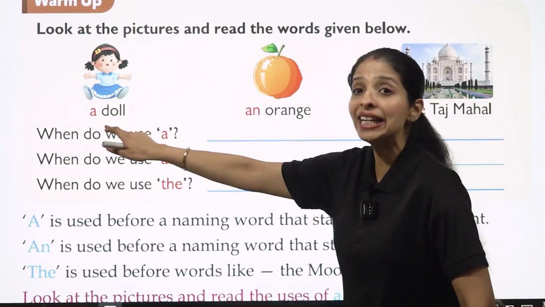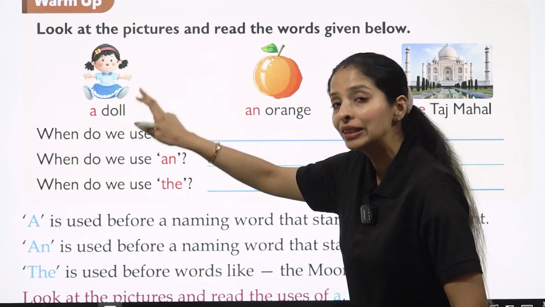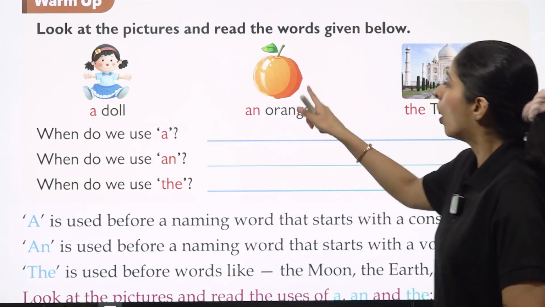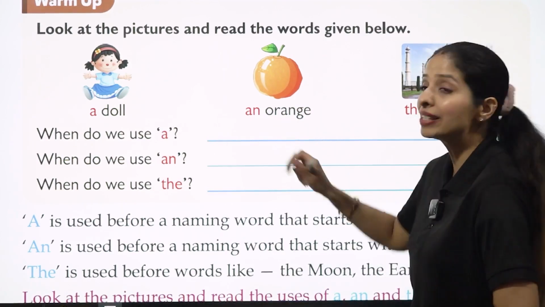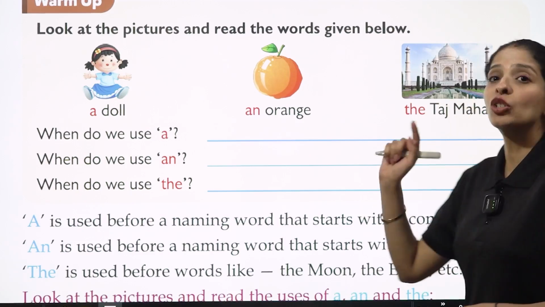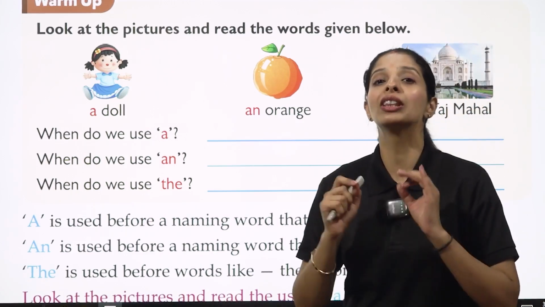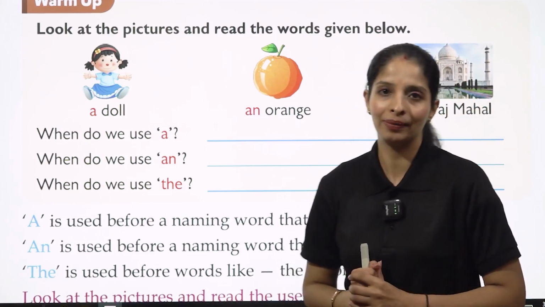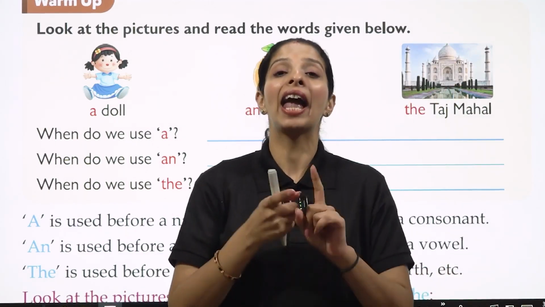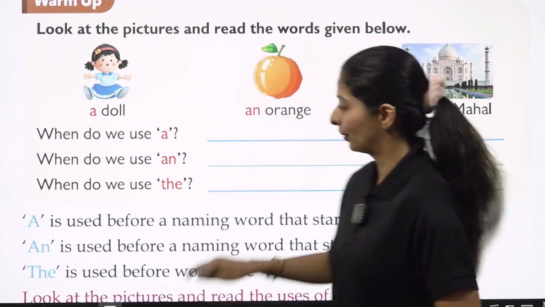So, here doll starts with D, so a doll. And orange, because O is a vowel, an orange. The Taj Mahal, something specific, so the Taj Mahal. This is how you will use the articles A, AN and THE.